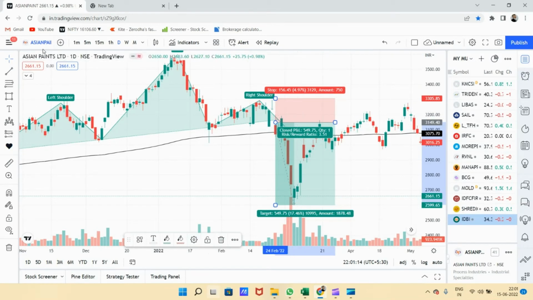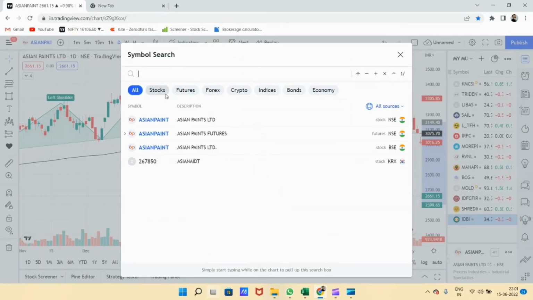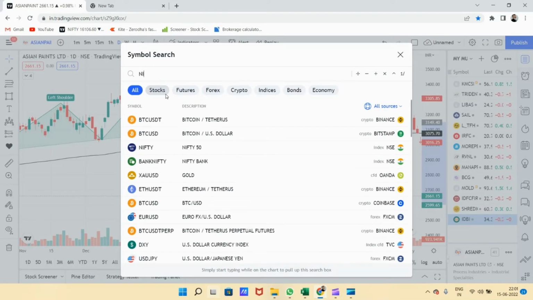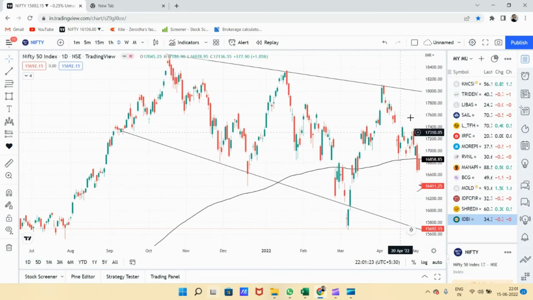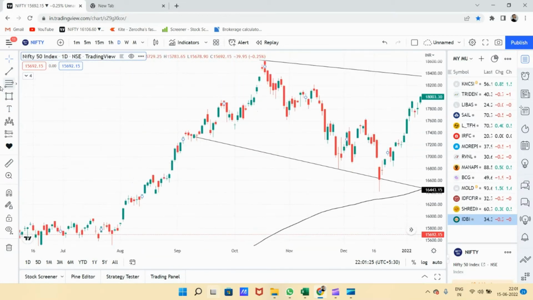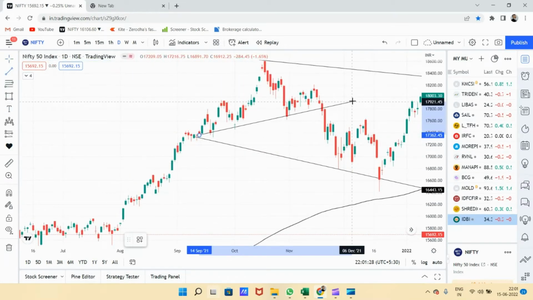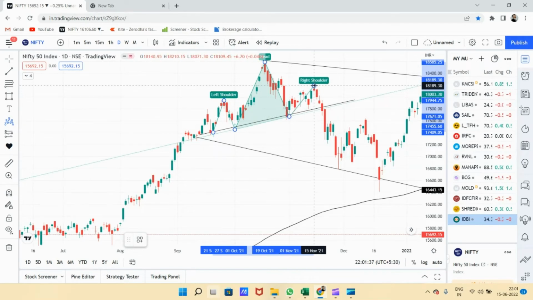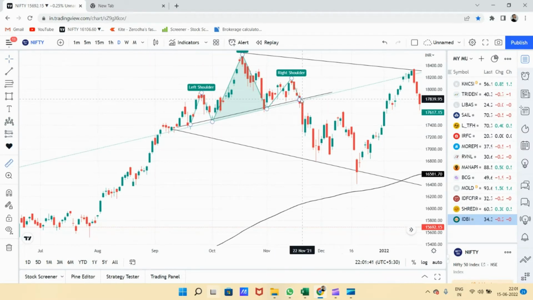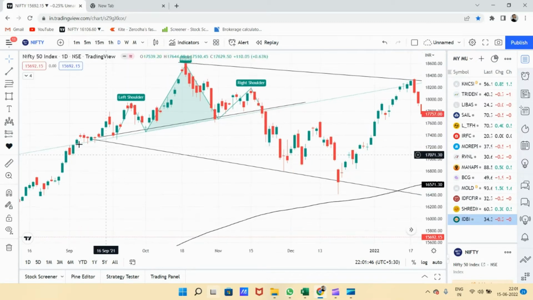Not only in Asian Paints, with this kind of pattern we predicted the Nifty fall before it happened. As you can see, Nifty is still falling. I found this pattern here, and as you can see, this is the left shoulder and right shoulder, and the head, sorry, right shoulder, and it did give a breakdown, and see, guys, how many points, 5 percent in the Nifty index.